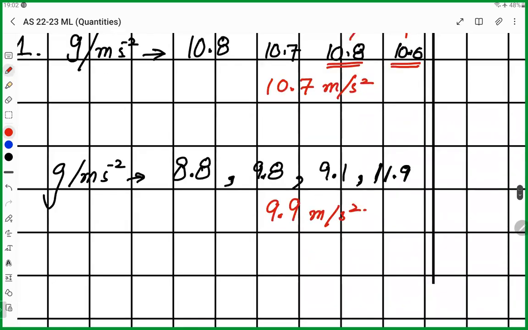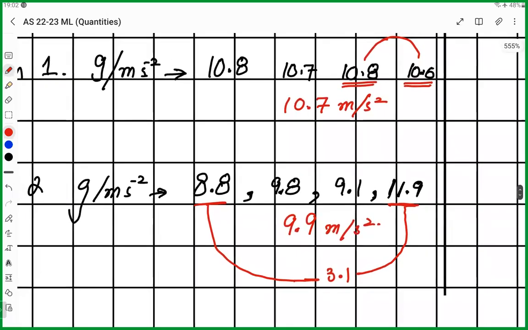What will be the difference between the largest and smallest value for the second person? 3.1. Yes, 11.9 minus 8.8 is 3.1.